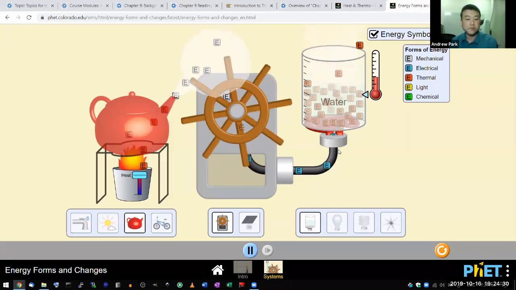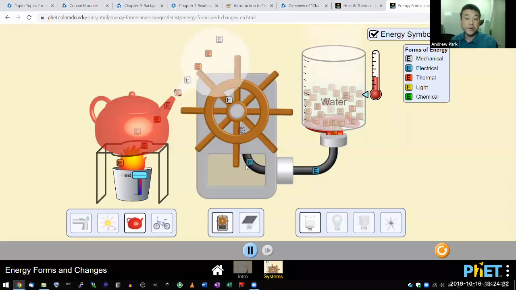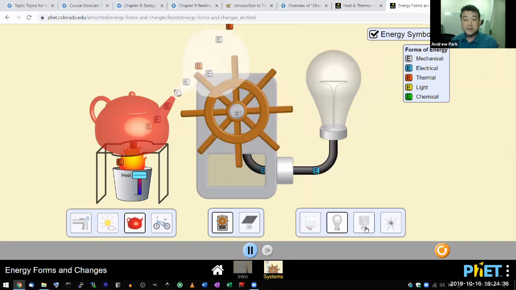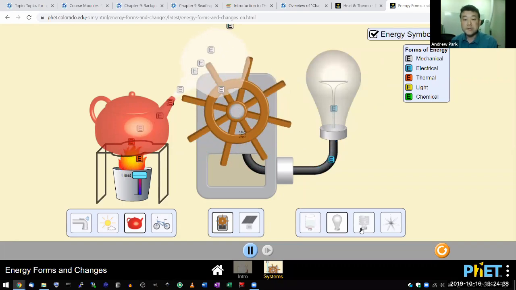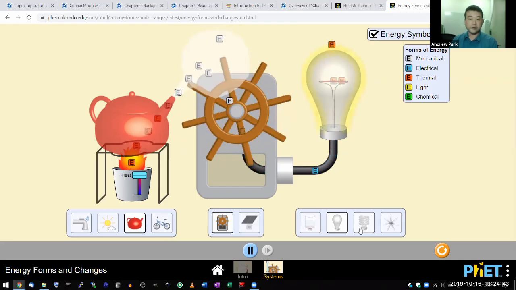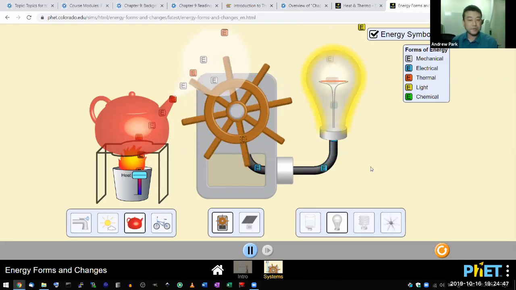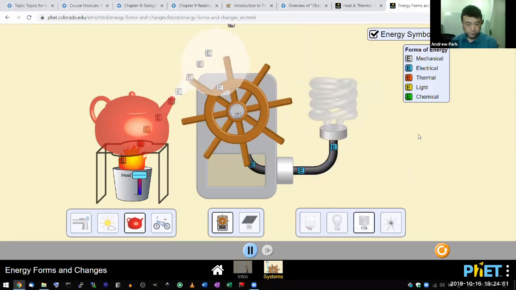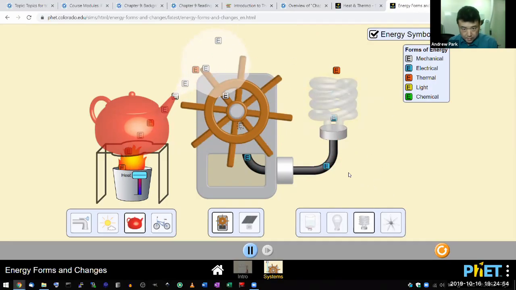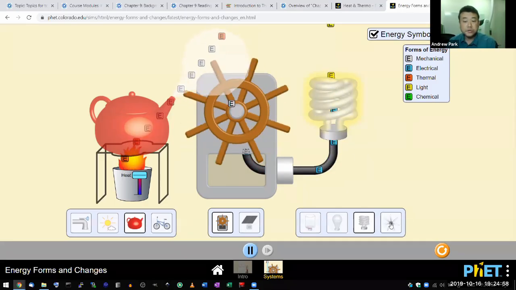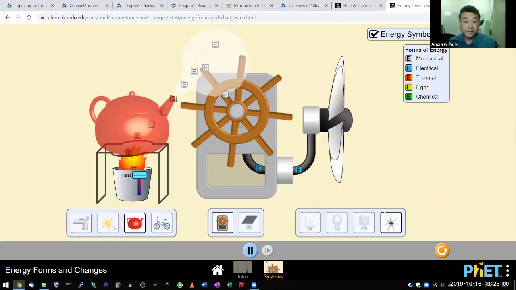It's the most useful form of energy in our modern life, because we have all these different devices that are able to do different things with this electrical energy. It can be used to generate light, and it can also be used to do other mechanical things.